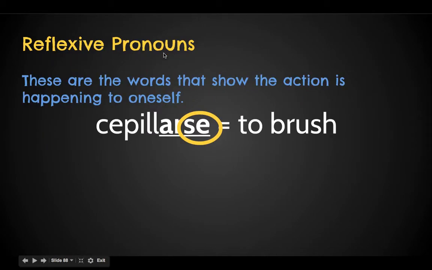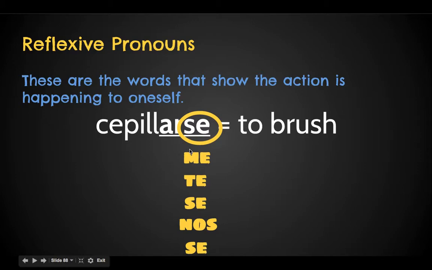A reflexive pronoun. The reflexive pronoun, that's what this se on the end is called. It's just a small word that shows that the action is happening to the person's self. So if we put these in sentences, the reflexive pronoun is going to change based on the person talking.